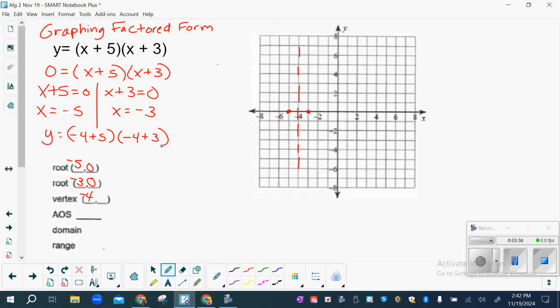We could distribute it and it would give the same answer, just with a lot more steps, or we could just add what's inside. -4 plus 5 is 1, and -4 plus 3 is -1. What's 1 times -1? -1. So the y value of our vertex is -1. So -4, -1, and we have our 3 points.